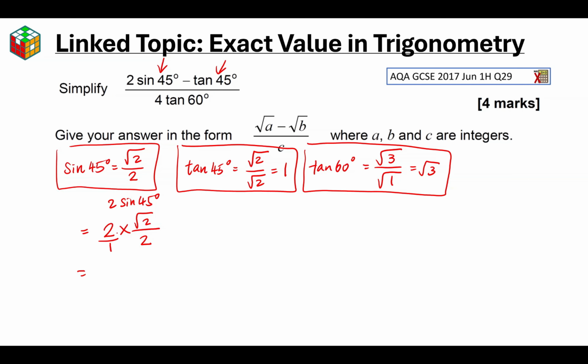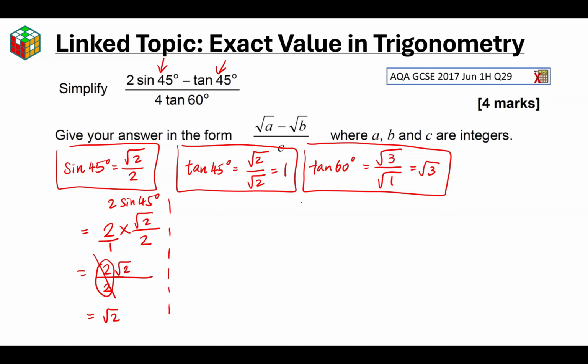The numerator and the denominator can be cancelled out because 2 divided by 2 is 1. If you're not familiar with this, you can rewrite it, and that is going to be 2 cancel out. That means my answer for the first part is going to be root 2. Tangent 45 is 1 there.